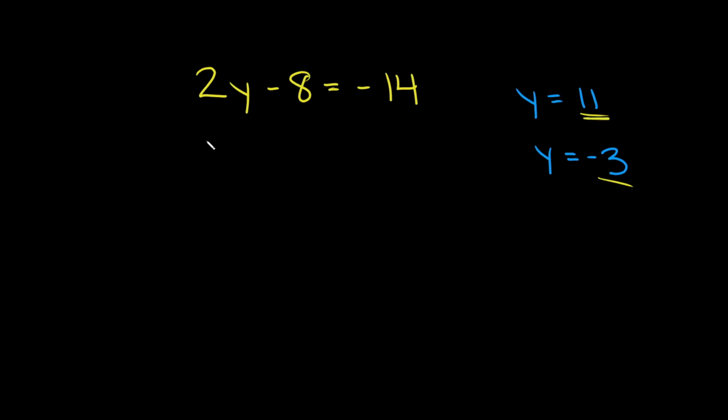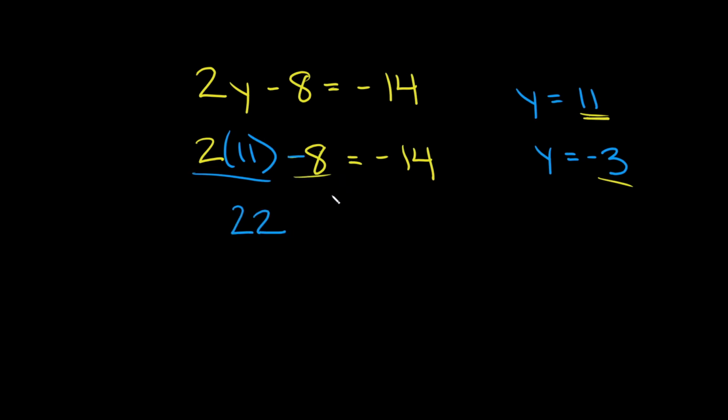So instead of 2 times y, I'm going to have 2 times 11. And let's bring down the rest of our equation. Minus 8 is equal to negative 14. Remember, multiplication always comes before subtraction. So 2 times 11 is equal to 22. Now I'll bring down the rest of my equation. So minus 8 is equal to negative 14. Now we're just left with 22 minus 8 on the left side.